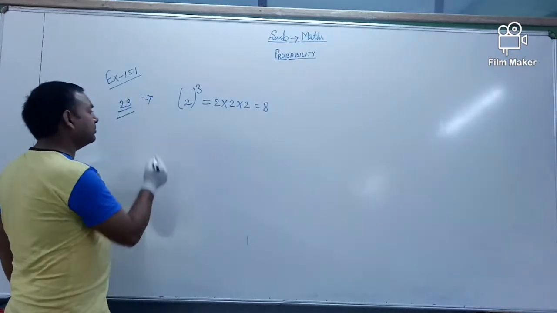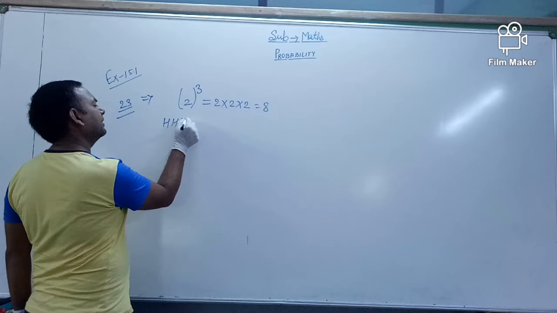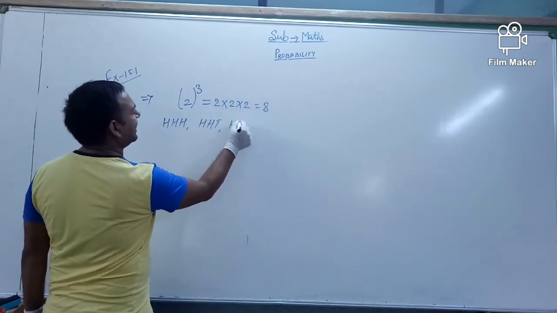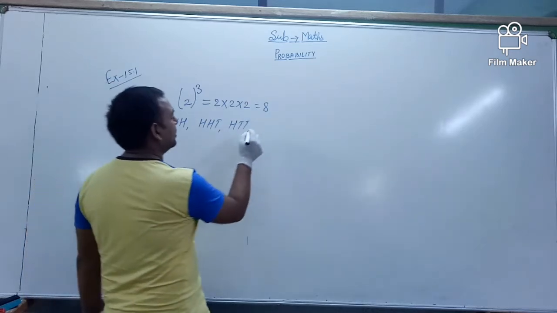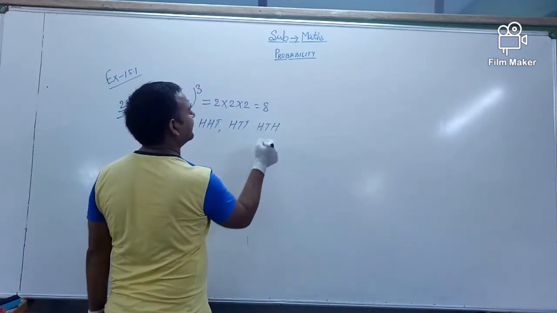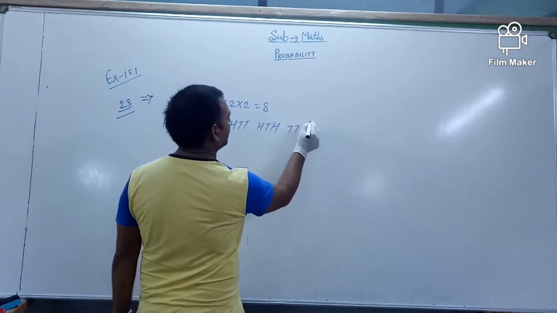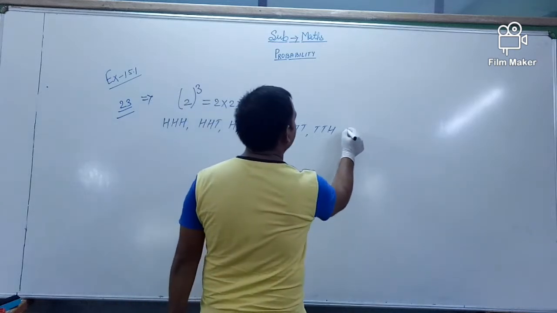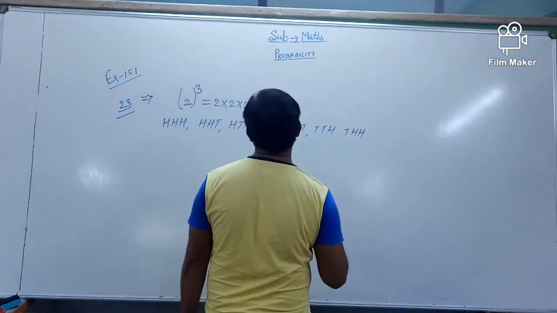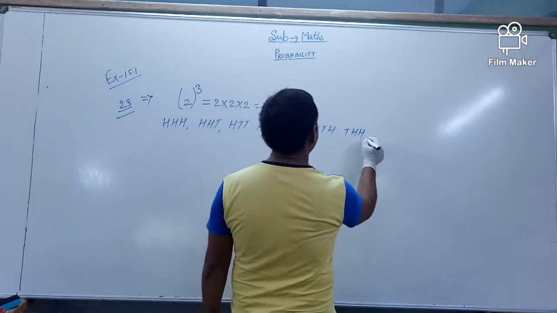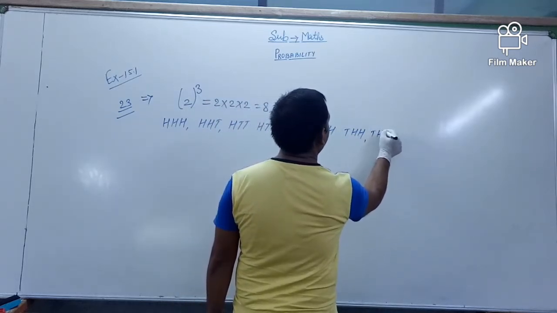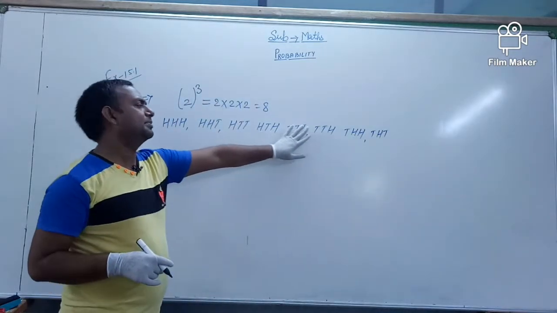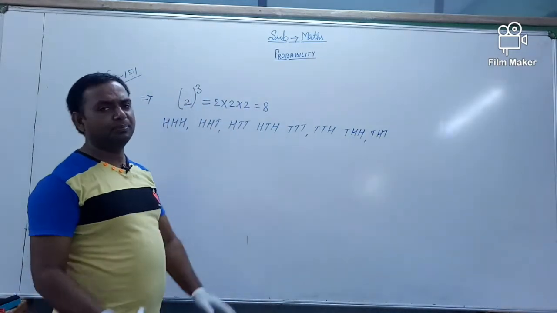The outcomes are: all heads, 2 heads and 1 tail, 1 head and 2 tails, and so on, all tails. So these are 1, 2, 3, 4, 5, 6, 7, 8. 8 outcomes are possible.